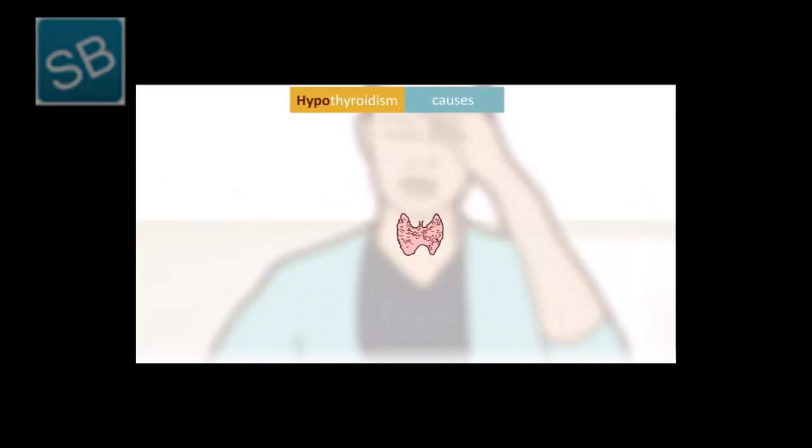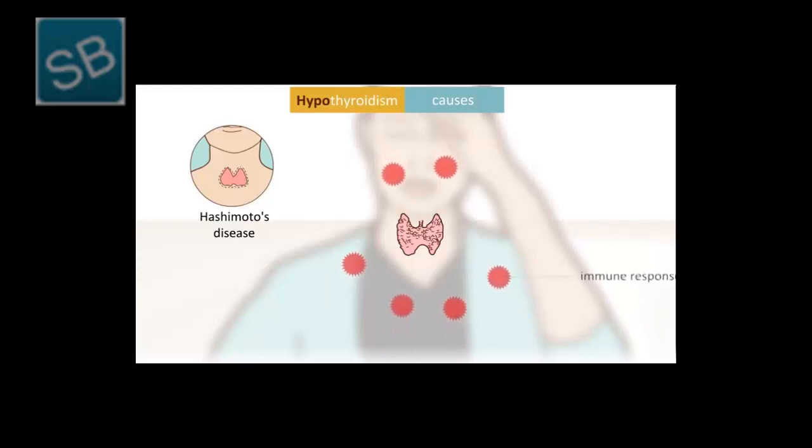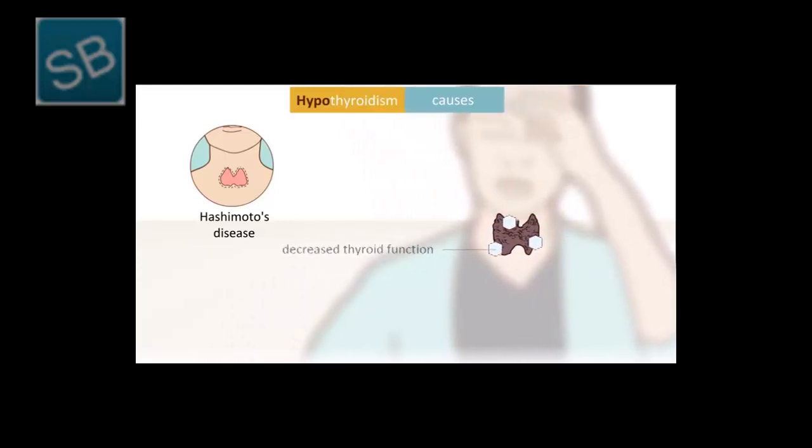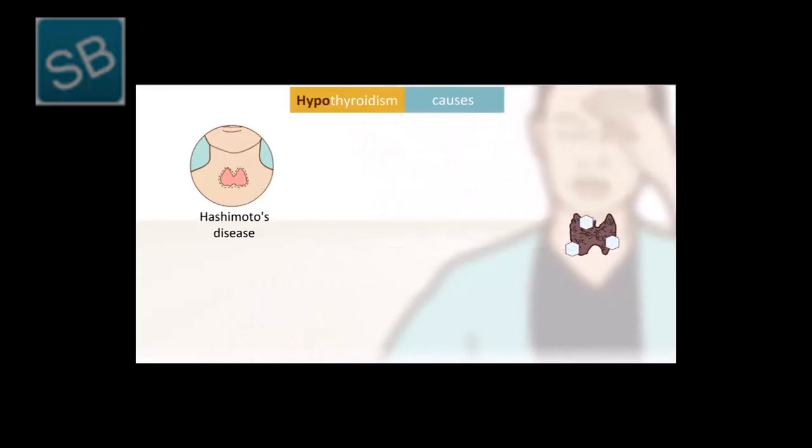One of the common causes of hypothyroidism is Hashimoto's disease. In this disease, there is an immune response of the body against the thyroid gland, which causes decreased function of the thyroid. Hypothyroidism can also result from treatment of a hyperactive thyroid.